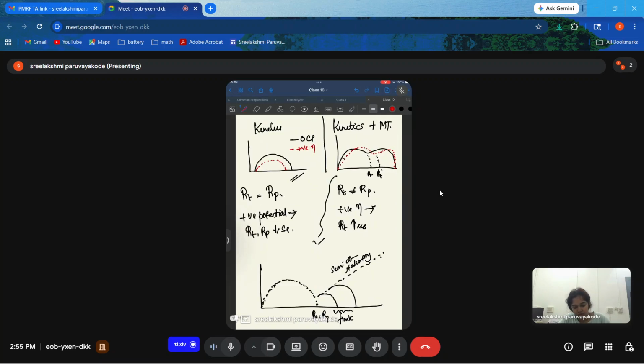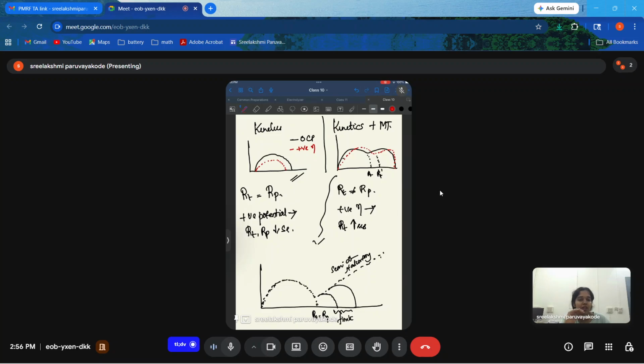So the first thing we saw was how the kinetics and mass transfer limitations appear, and when mass transfer comes into play, how the impedance plot changes. When the kinetics is there and the potential keeps on increasing, the resistance to charge transfer reduces, right? Because when the potential increases, the speed of the reaction is enhanced, reactants come, products release.